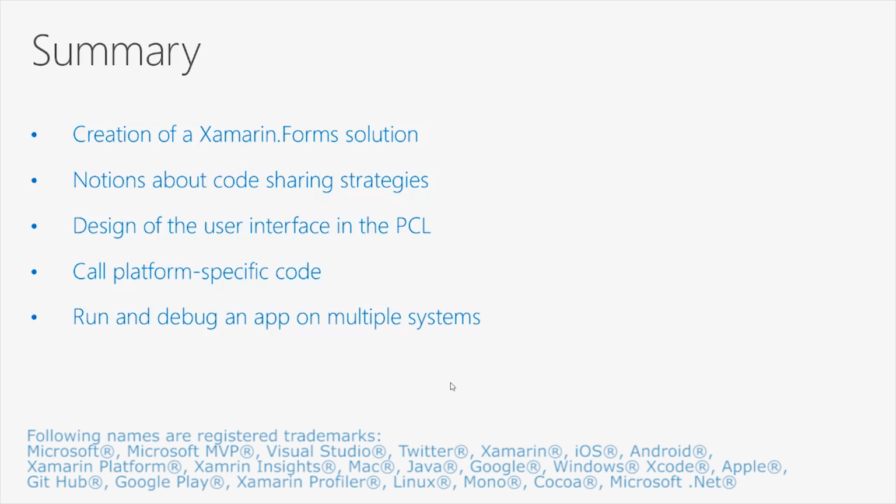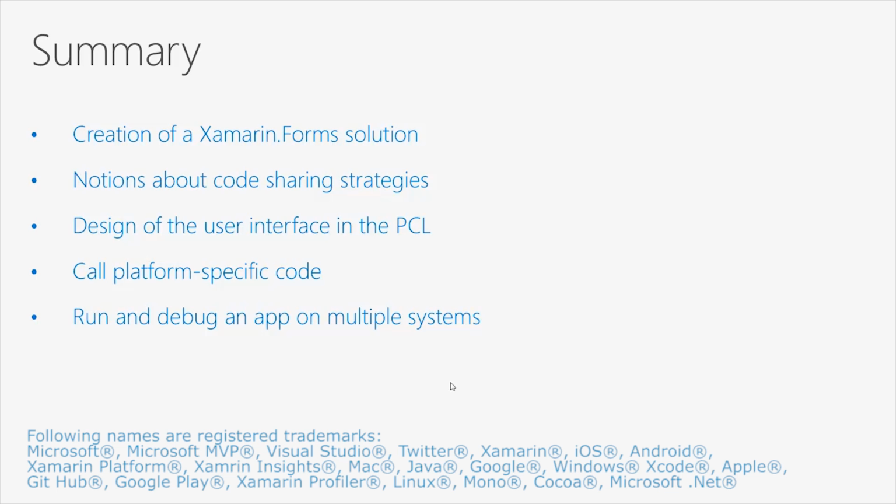So as a recap, in this video we have seen how to create a Xamarin.Forms solution, which includes notions about code sharing strategies based on a PCL or a shared project, and we have seen how the solution is made also of different platform-specific projects, such as the Android, the iOS, and the UWP projects.